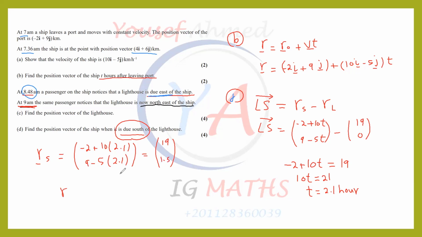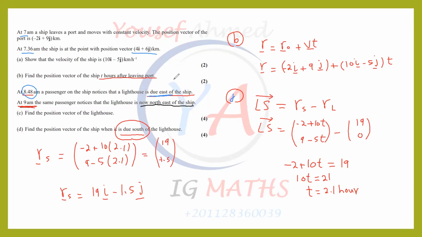So the position vector for the ship now is 19i minus 1.5j. If you compare with the position vector for the lighthouse in point C, it was 19i, and now the position vector of the ship is 19 and minus 1.5. So it's due south of the lighthouse because of the negative part of j.